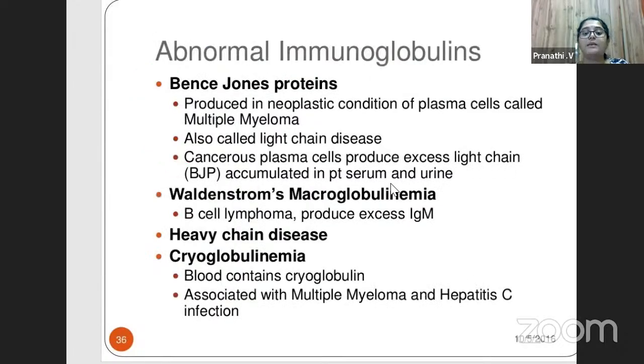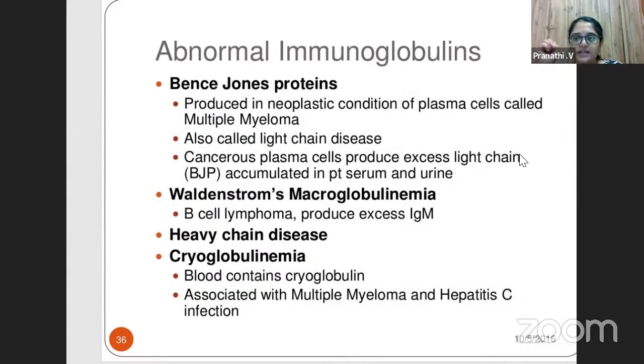Now we have certain abnormal proteins or abnormal immunoglobulins that are present. When are they released? You have something called the Bence-Jones proteins. The Bence-Jones proteins are present especially in myeloma. In multiple myeloma, you have more of these light chains being produced, more immunoglobulins, especially the light chain region.